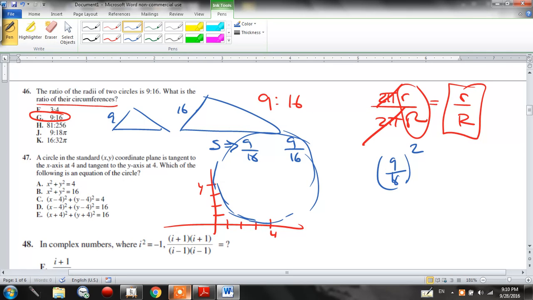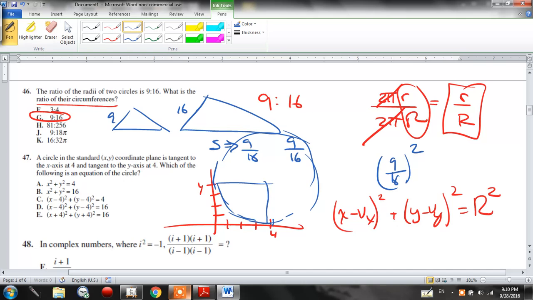Okay, what is the equation of the circle? Well, you have to know how to write the equation of the circle: x minus vx squared plus y minus vy squared equals r squared. That's the equation of the circle. If you know this, you have to find the center, which is vx, vy. The center is going to be right there, see? The center is 4, 4.